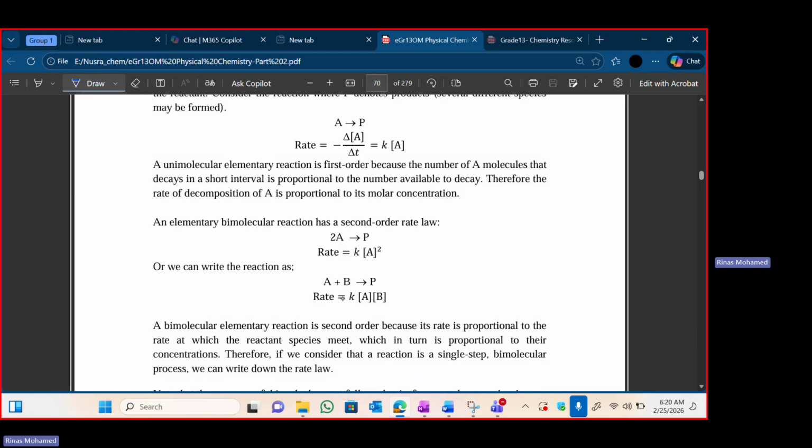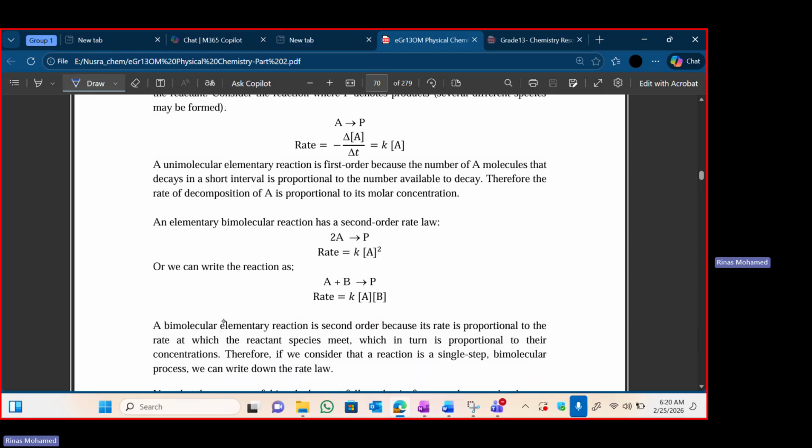R equals K into A to the power 1 and B to the power 1, right? The overall order is 1 plus 1, which is 2. So this is a bimolecular elementary reaction.